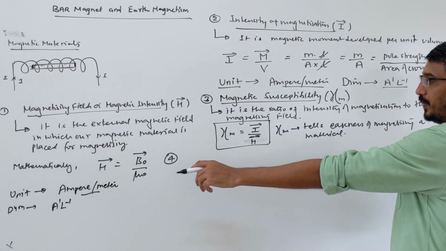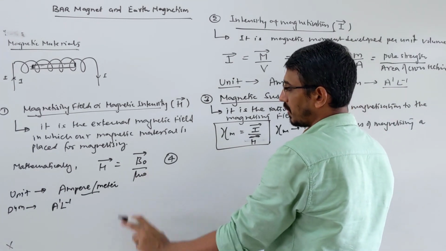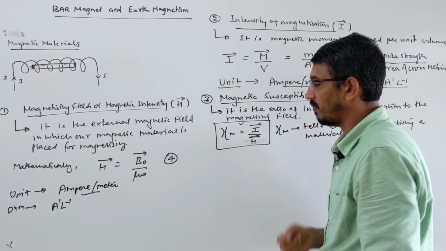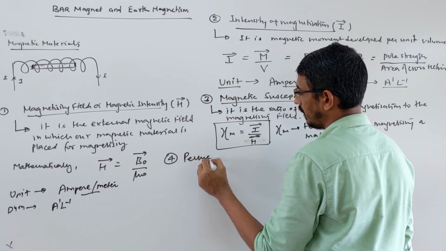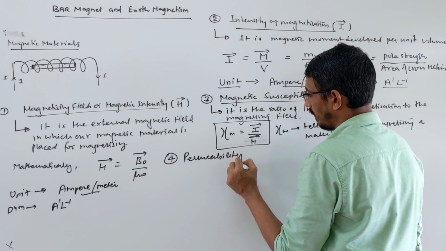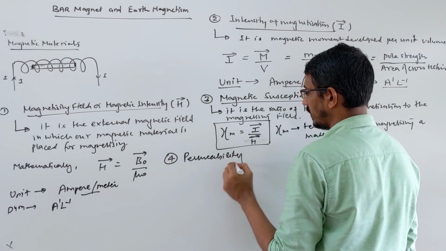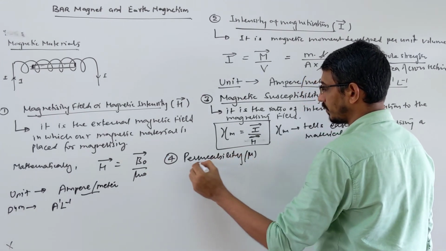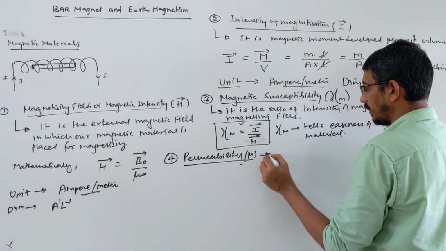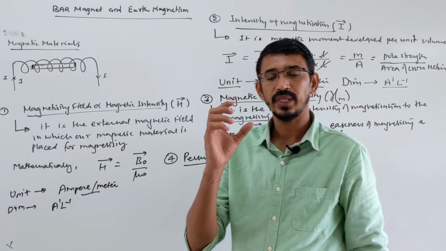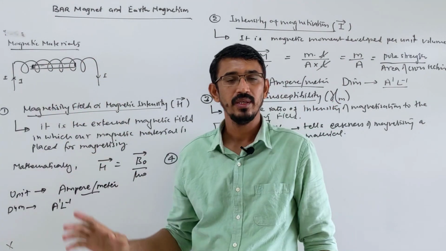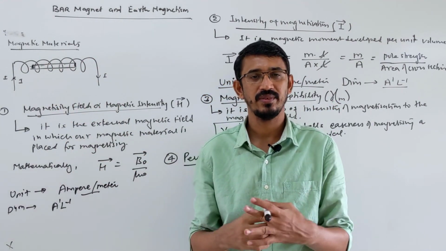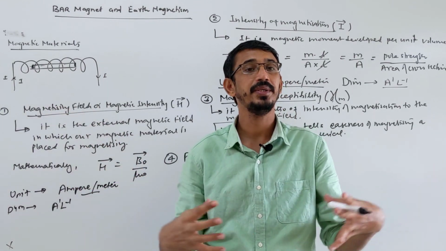We talk about this mu. This is the permeability of free space. Same way, what is just permeability? Permeability tells you, suppose you put a magnetic material inside a magnetizing field like this, then how many of these magnetic field lines can enter into that material.